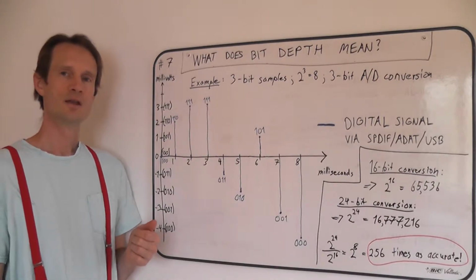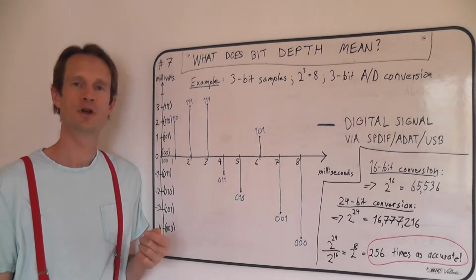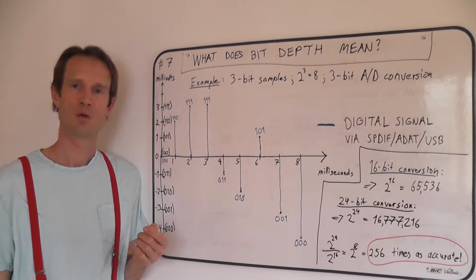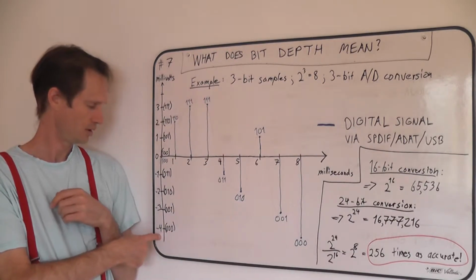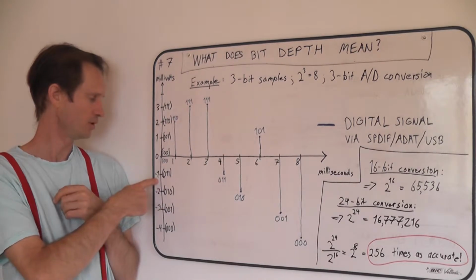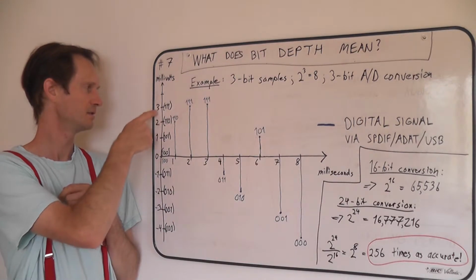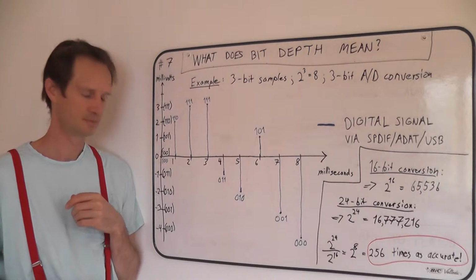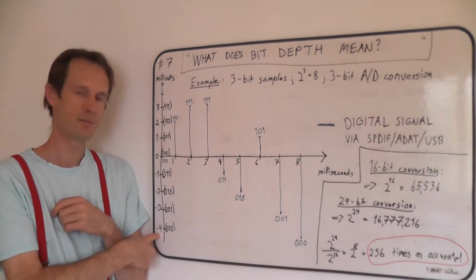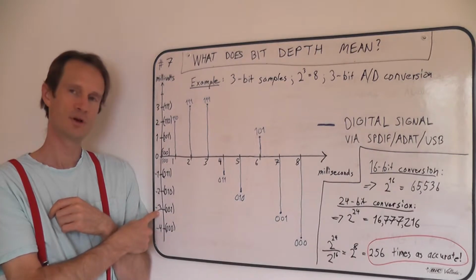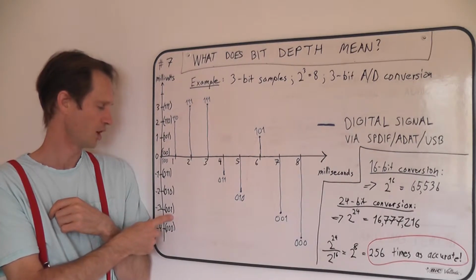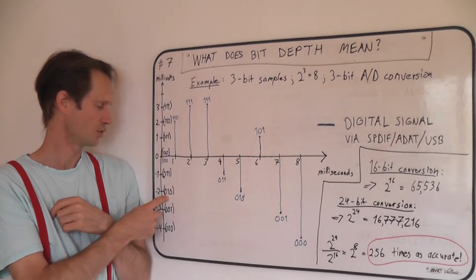Okay? So now, I've arbitrarily said, well, I'm going to start counting in binary, and I'm going to encode my millivolt digits in binary now. So I'm going to say that minus 4 is equal to 000, minus 3 is equal to 001, minus 2 is 010.